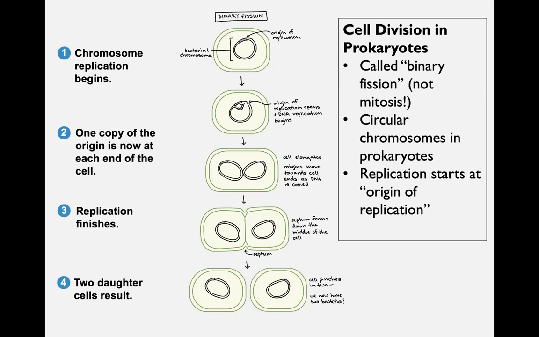That's really all you need to know about prokaryotic cell division. It's called binary fission, their DNA is circular, and the replication process starts at the origin of replication. Those are the three main points. The big take-home message is that it's different in prokaryotes versus eukaryotes.